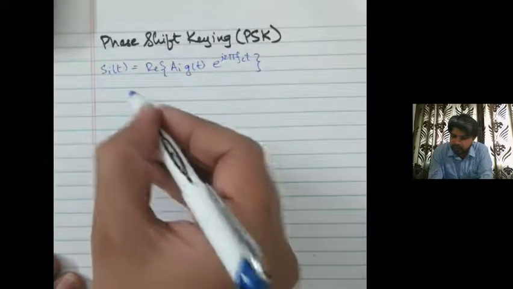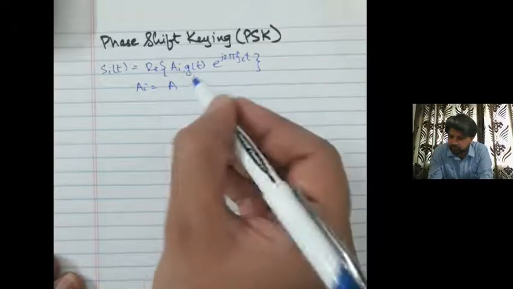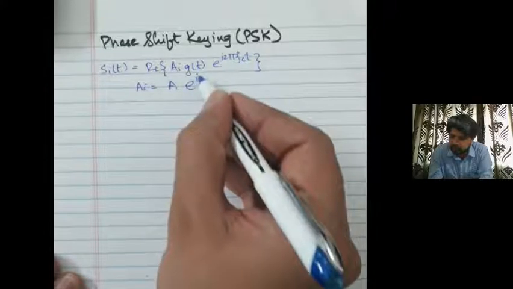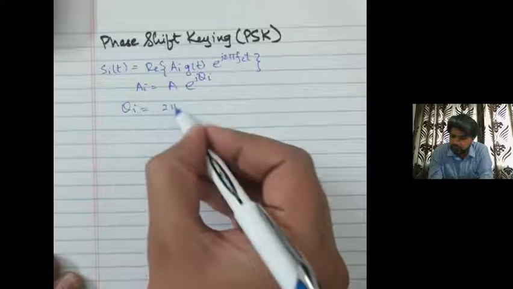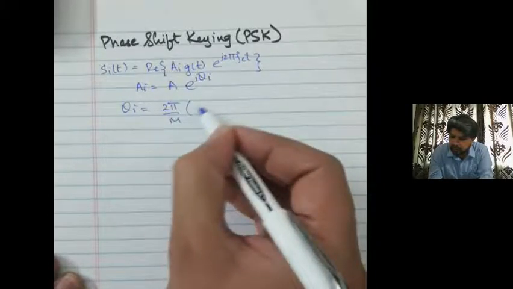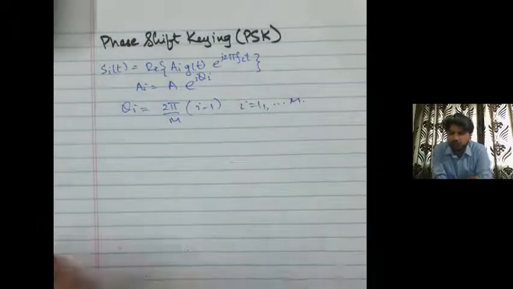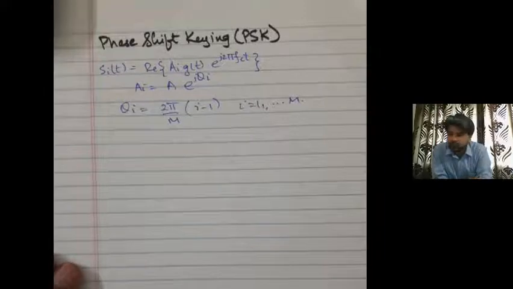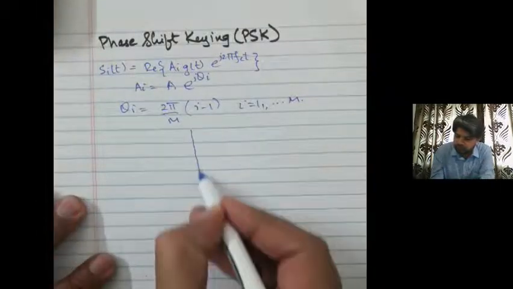And this A_i has a constant amplitude A, but it has different values of theta_i, which is given by 2 pi by M times (i minus 1), where i varies from 1 to M. In other words, you have divided the total phase of 2 pi into M equal parts, and you would have those as the constellation points.